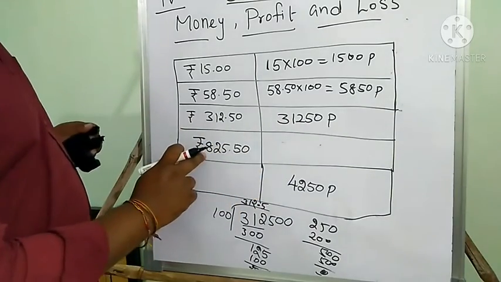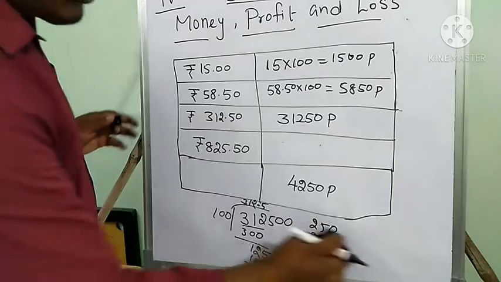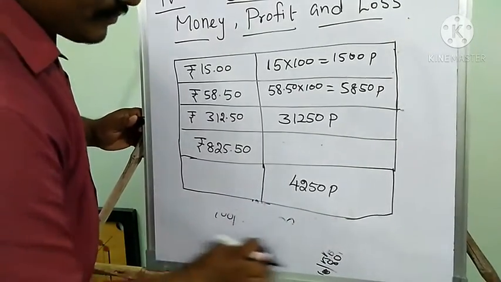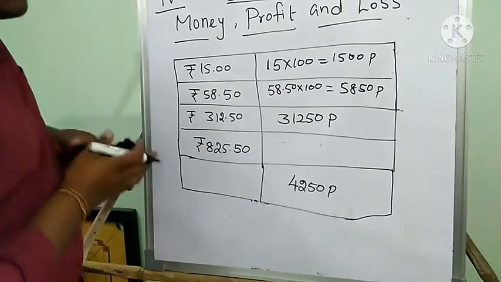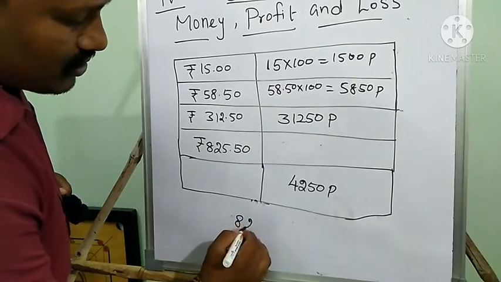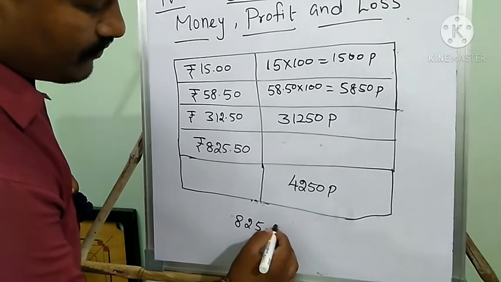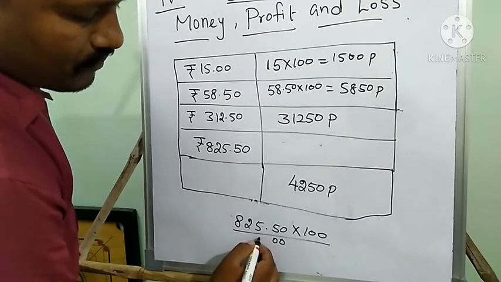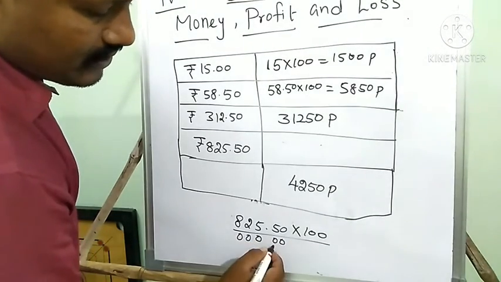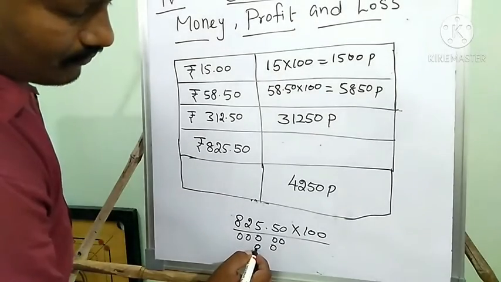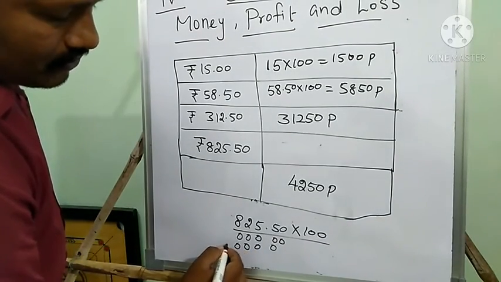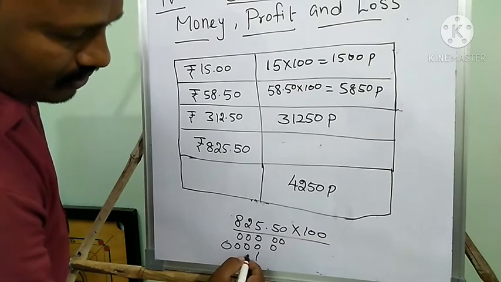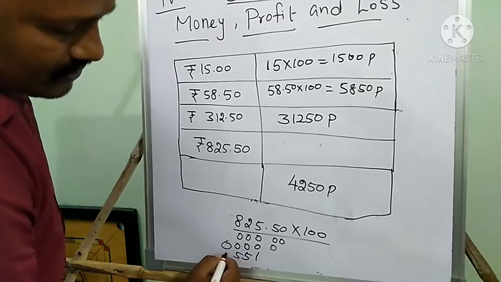Okay. Then here again they have given rupees. Now we want to convert it into paisa. So I told you again, we have to multiply by 100. So as per that, 825.50 rupees multiply by 100. Okay. Then 0, 0, 0, 0, 0, then 0, 0. Okay. Then 0, 0, 0. Then 1, 5, 5, 2, 8.